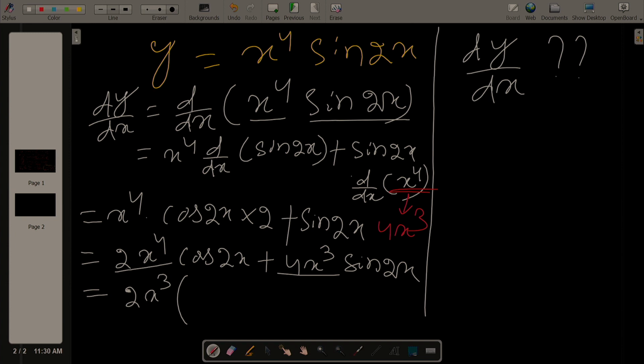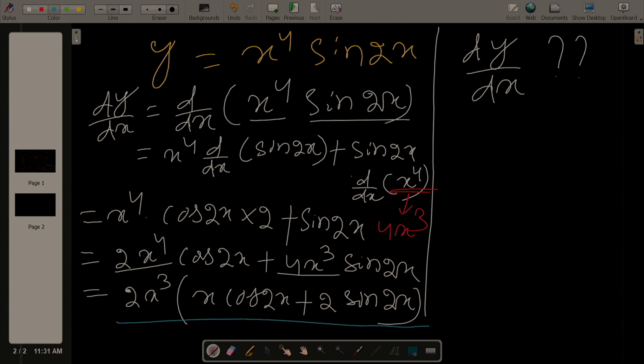That means I can write 2x cube times x cos 2x plus, since 2x cube is already taken, 2 sin 2x. This is the answer. That means I can say that by using the trigonometric formula, we are able to find the derivative of a trigonometric function.